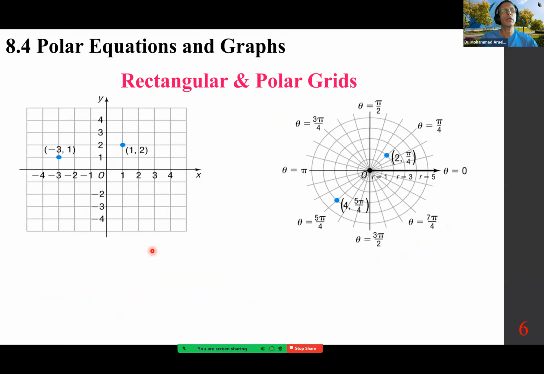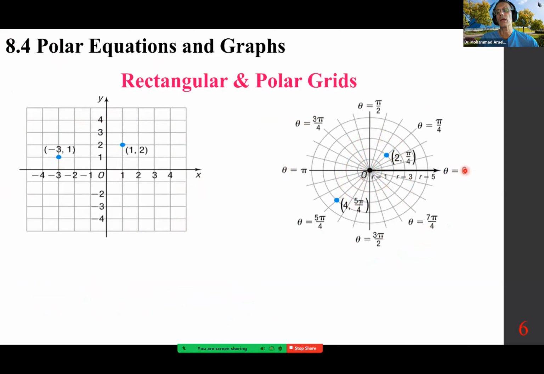And now we want to go to the new stuff, polar equations and graphs, rectangular and polar grids. Of course everybody is familiar with rectangular grid versus polar grid. So we draw various circles. That would be one easy way to do that. And of course, we draw lines that represent various angles.